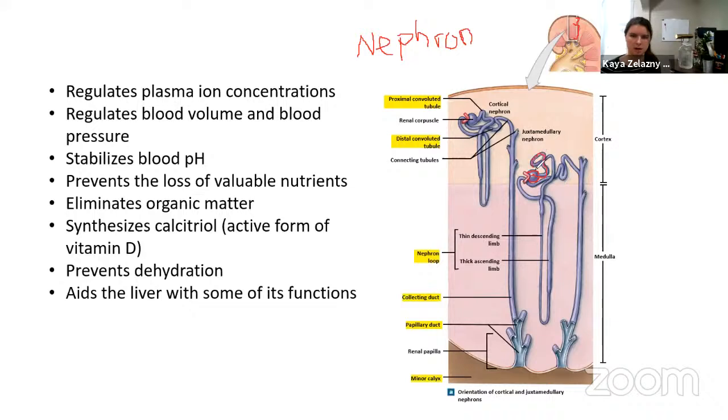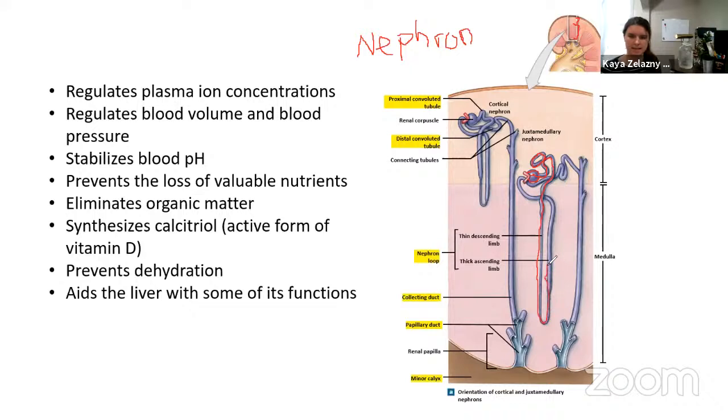So here's that proximal convoluted tubule. One of its big roles is we're going to be reabsorbing water into the body. And then we're going to go down into the loop of Henle, which is also known as the nephron loop. You can see we have a descending limb going down.